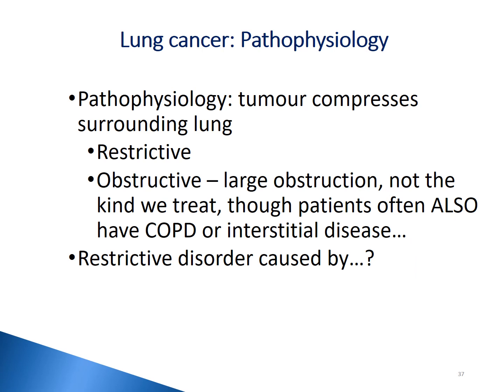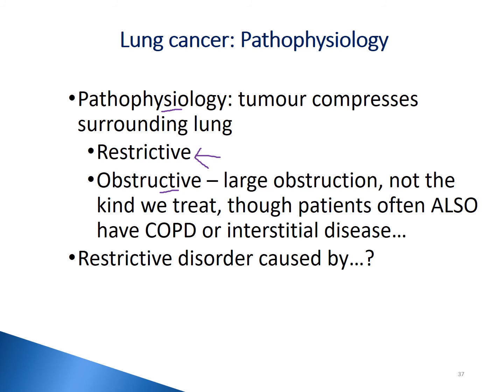So in terms of the pathophysiology of lung cancer, you've got the tumor compressing the surrounding lungs, so you have the restrictive component of the disease, but you may also have some obstructive component, because if you have tumors, they may actually be blocking airways. It's not the kind that we can treat.